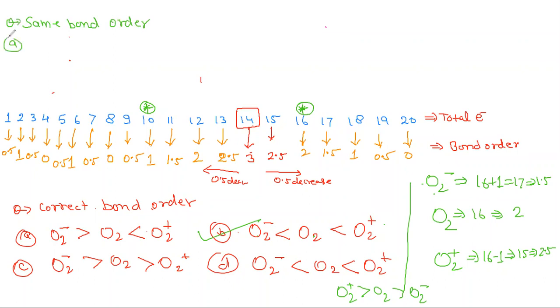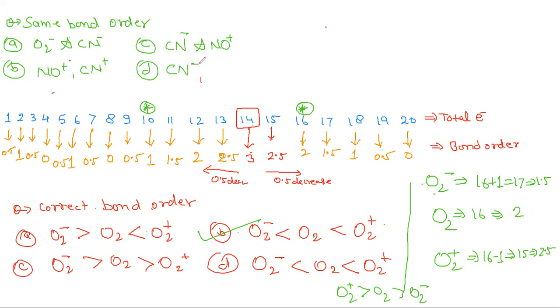Options are: A is O2 negative and CN negative. B option is NO positive, CN positive. C option is CN negative, NO positive. D option is CN negative and CN positive.